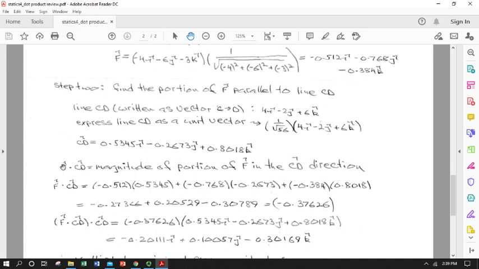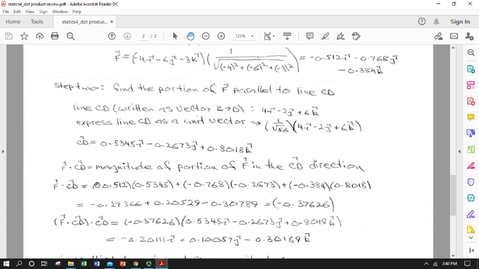So if I did F hat dot CD hat, that would give me the magnitude of the portion of F hat that's in the CD direction. So F hat's only 1 and CD is only 1, but the portion of this in the other's direction is going to be less than 1. So I use the algebraic definition of the dot product here.